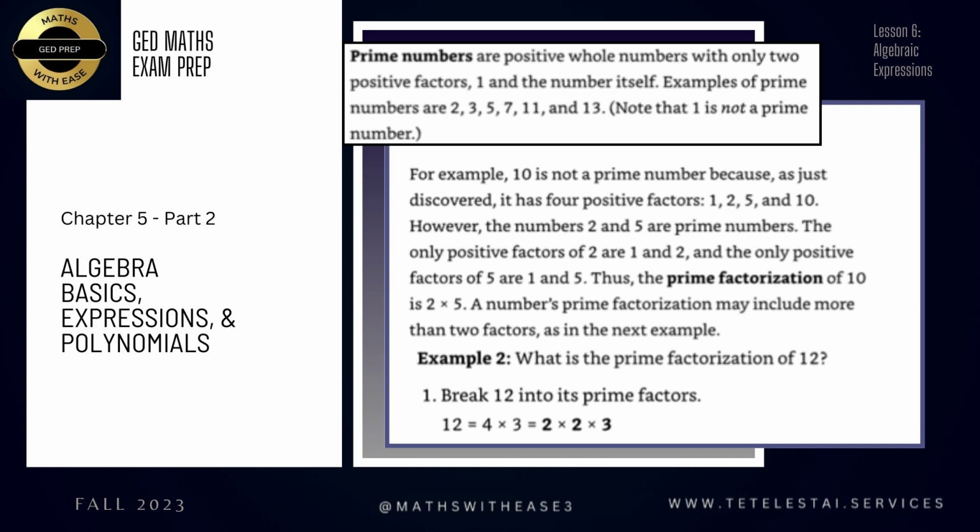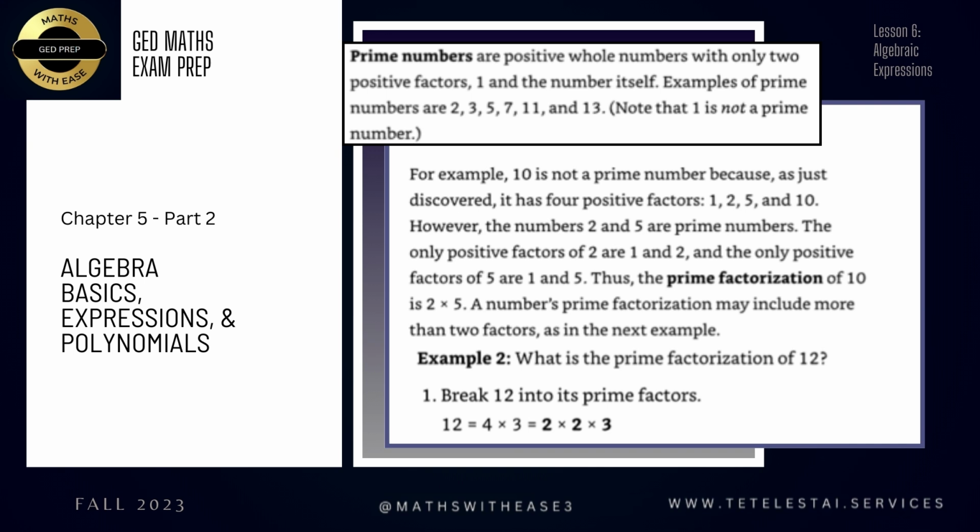Okay, so don't get the two terminologies mixed up, right? We know that the factors of 10, there are 8 of them, and we went over them in the previous example. But the prime factorization of 10 is 2 and 5, right?